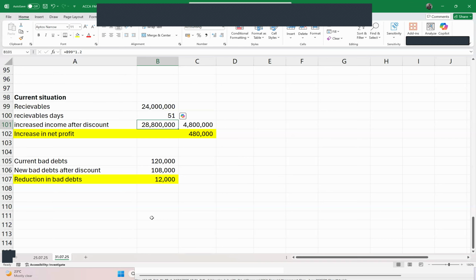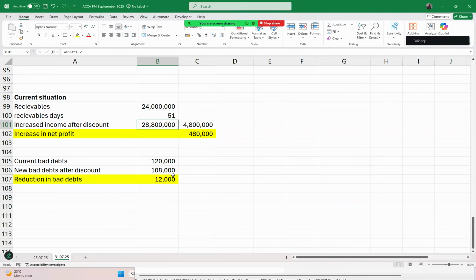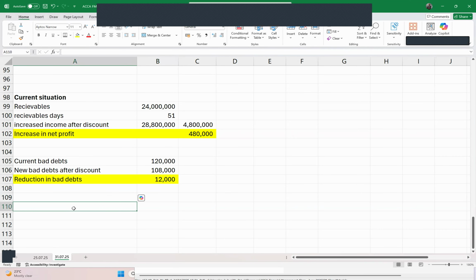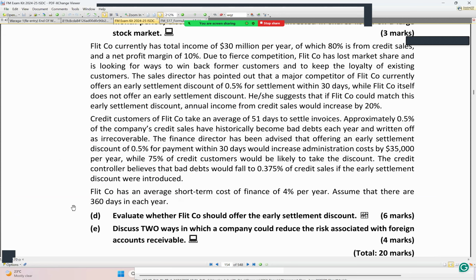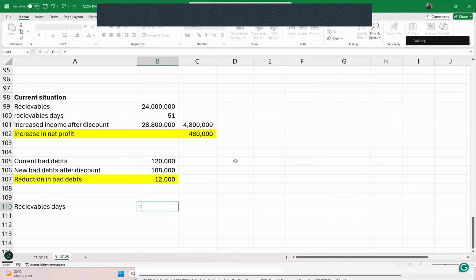But some of them will not take the discount. So the discount will be taken by about 75%, and then 25% will not take it. So we shall have receivables days. Remember that when you take the discount, you pay within 30 days. So 75% will pay within 30 days.